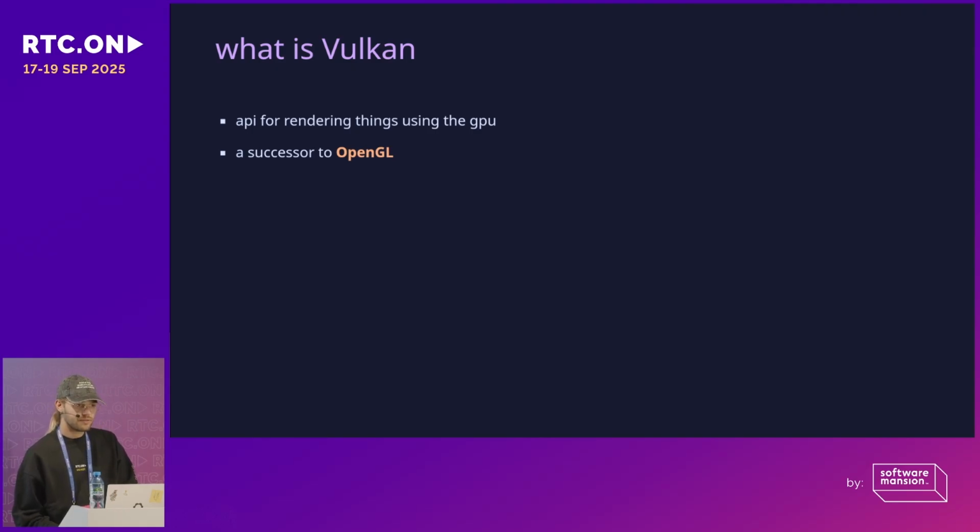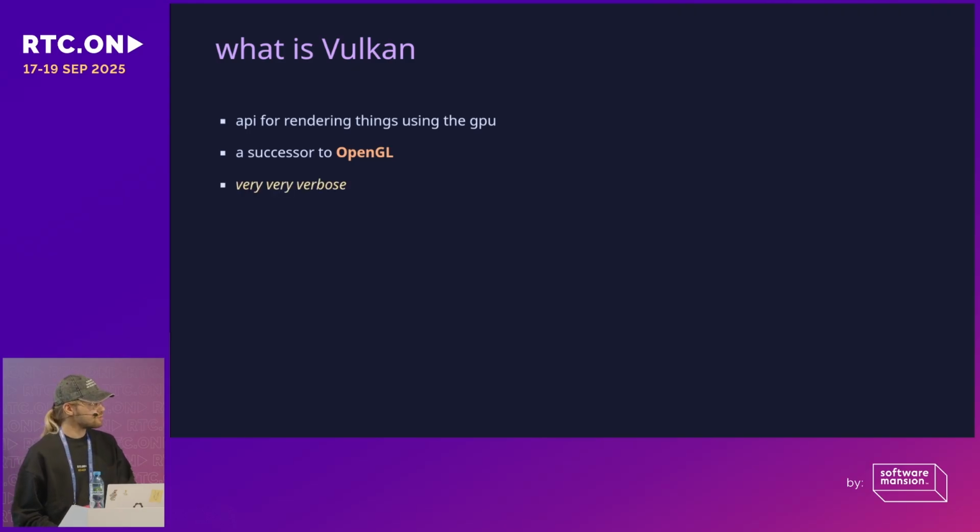And a lot of the things that OpenGL did that didn't turn out to be very future-proof, Vulkan basically improves on. So a good example is that OpenGL has a lot of global state, so it's difficult to parallelize because the different threads end up overriding the global state, and it just doesn't work, and Vulkan is made with parallelization in mind, and that's one of the examples.